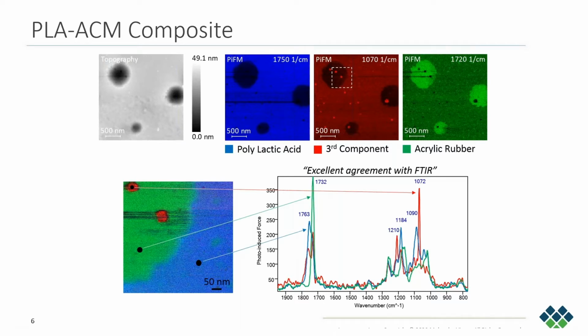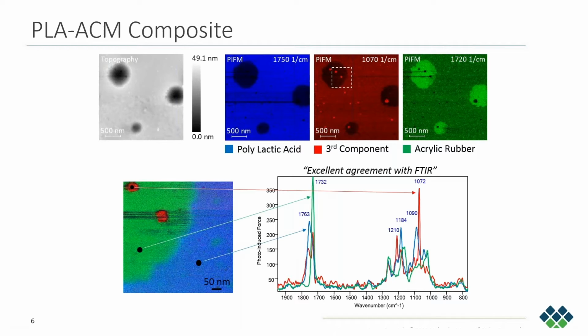Then you can go there and take another image at that wave number to create a full composite image. That's what we're seeing at the bottom left, where we show green to represent the ACM molecules, blue for polylactic acid molecules, and then the third component, which we don't know what it is, but it is characterized by that wave number.